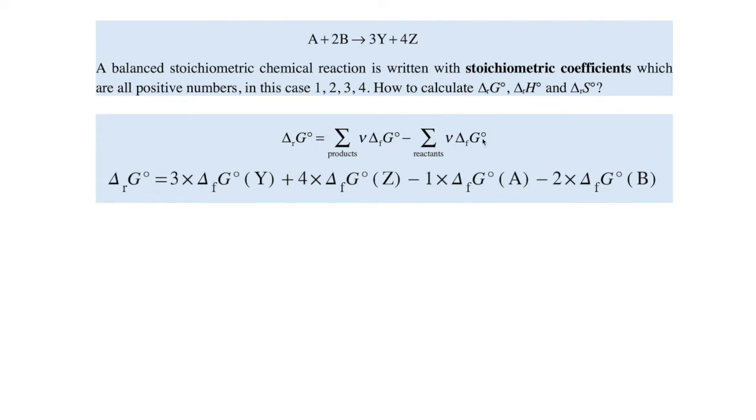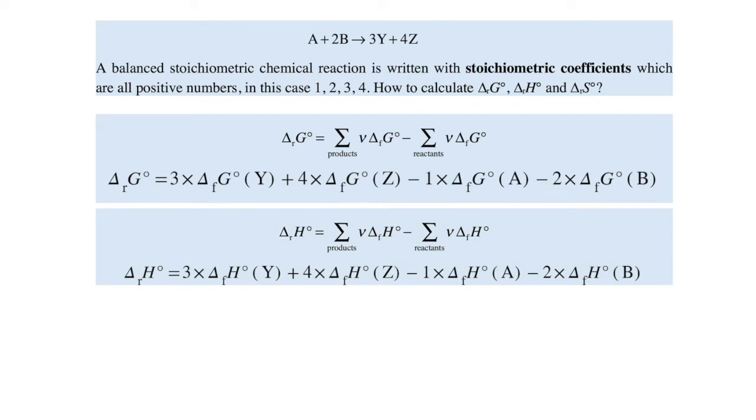Again, we're going to take each delta G of formation of each reactant and multiply by the stoichiometric coefficient. We're going to sum up the products, sum up the reactants, and subtract the reactants from the products.